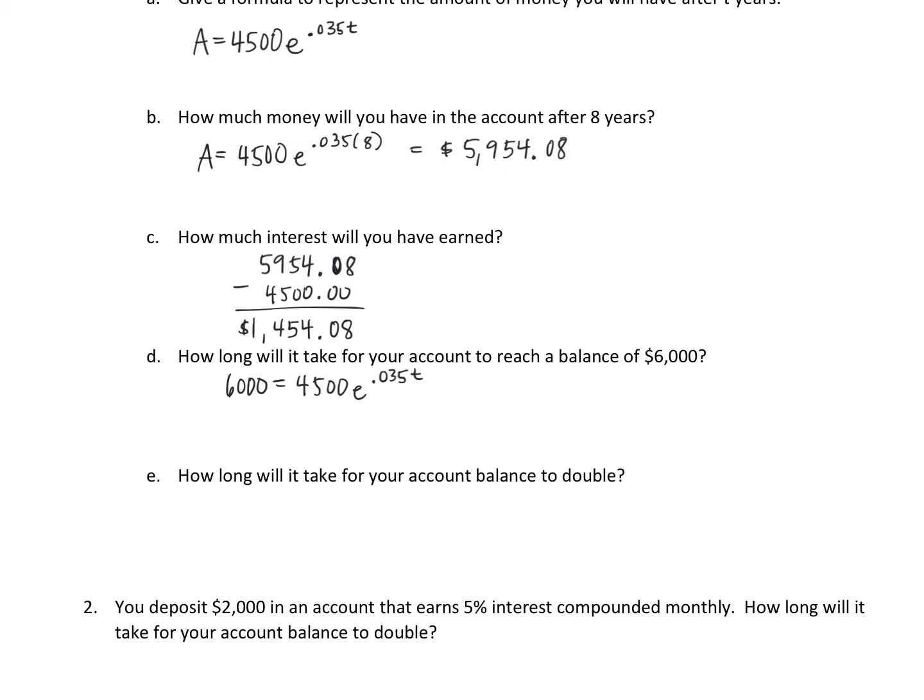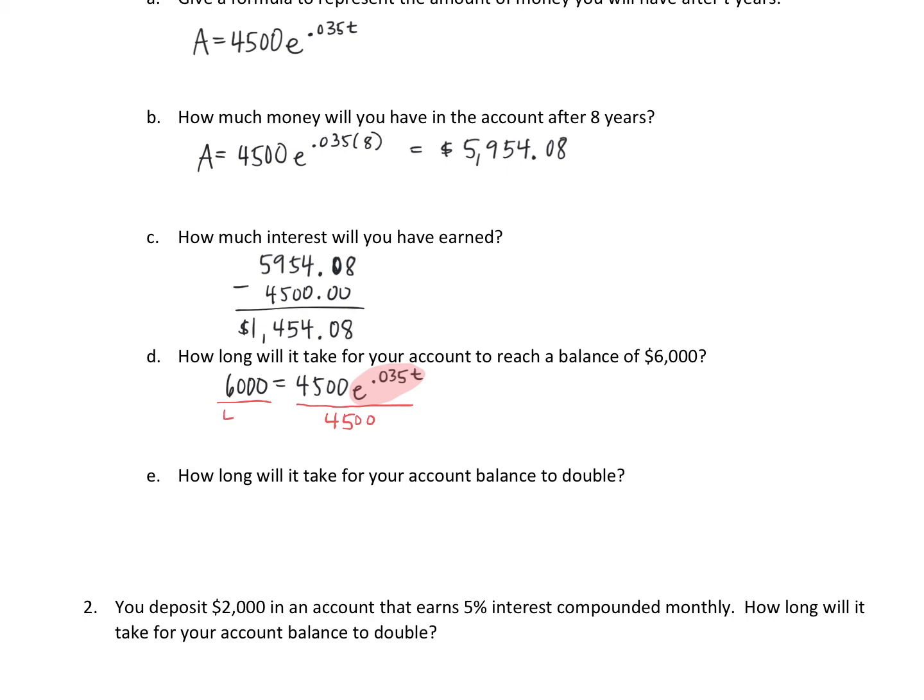Remember to solve exponential equations when it just has one exponential expression within your equation. You want to get the exponential expression by itself and then rewrite in log form. So let's identify the exponential expression. The base is e raised to the 0.035 t power, so that's what we're trying to get by itself. So to do that, I need to get rid of that 4,500.